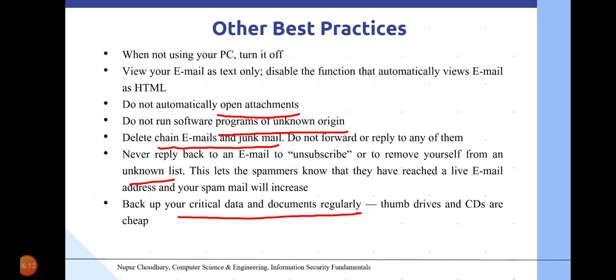So these are all different types of control mechanisms related to our personal computers in order to protect our system from malware, ransomware, denial of service attacks and identity theft, etc.